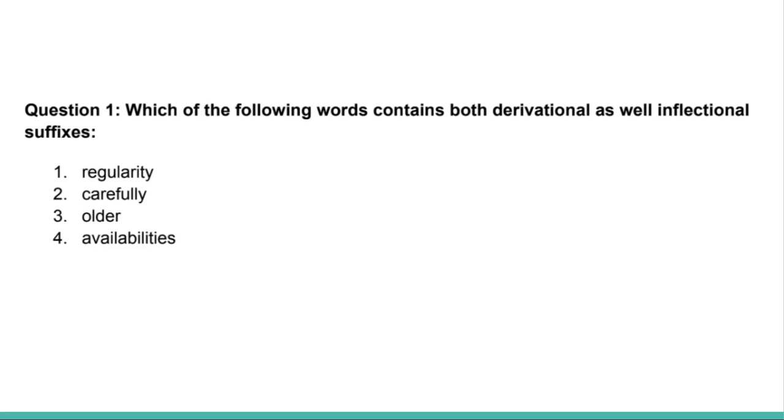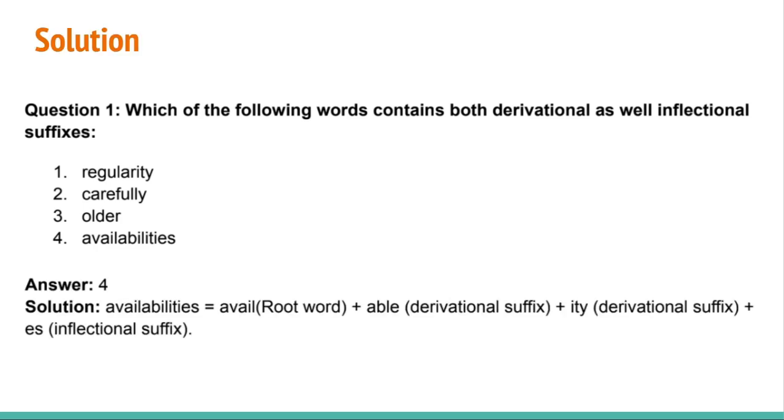Just to reiterate, here in availabilities, avail is the root word, able and ity are the derivational suffixes, and s, that is es, is the inflectional suffix. So from here we can understand that the solution of this problem is option 4, that is availabilities.